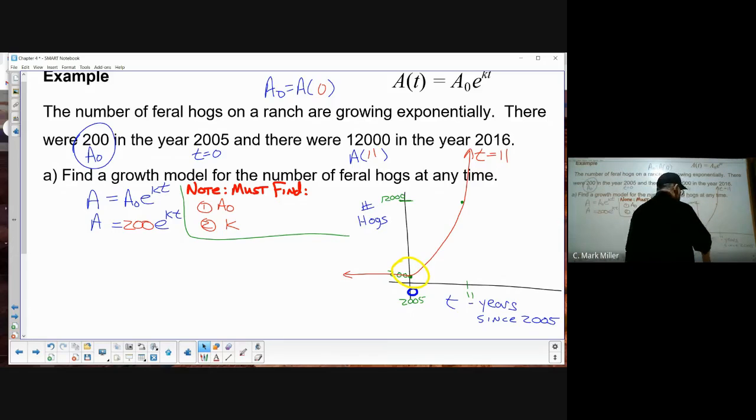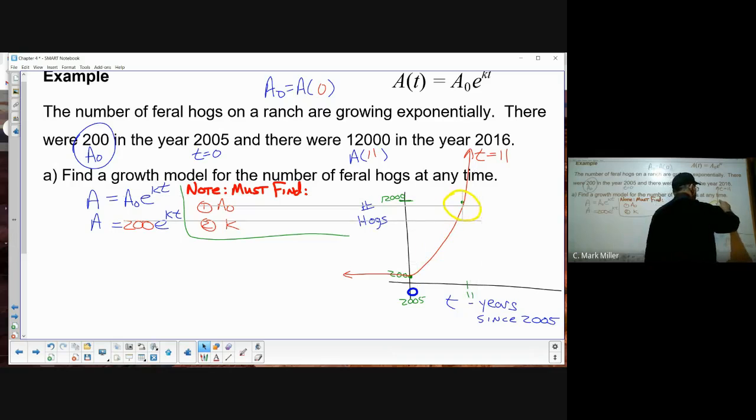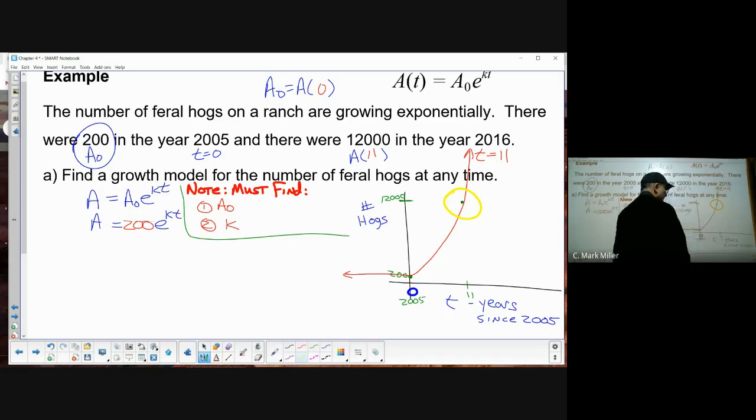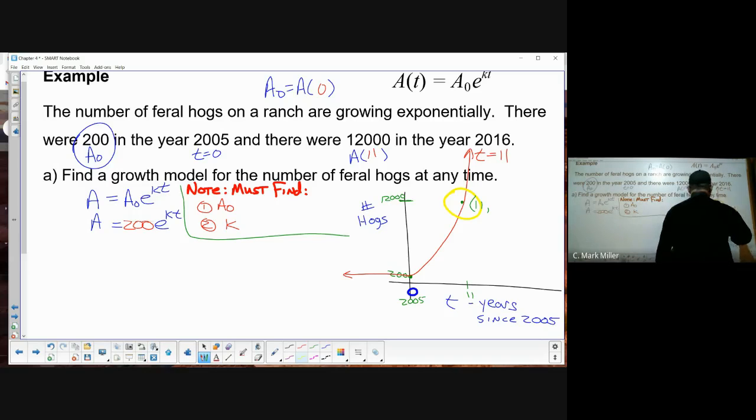Now we're going to use the information in this point. How do we use the information in that point? Well, what are the coordinates of that point? The coordinates of that point are 11. That's the independent value, and then 12,000.